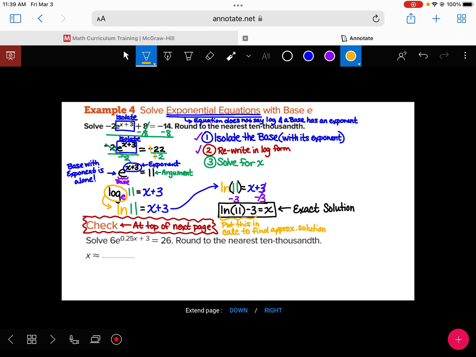I type in 11, close my parentheses, and then minus 3, and I hit enter.